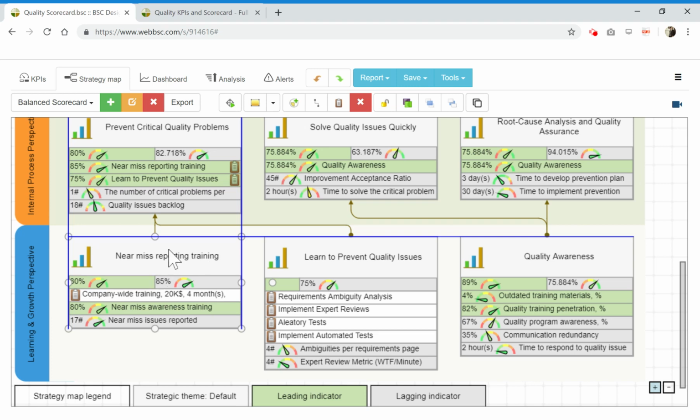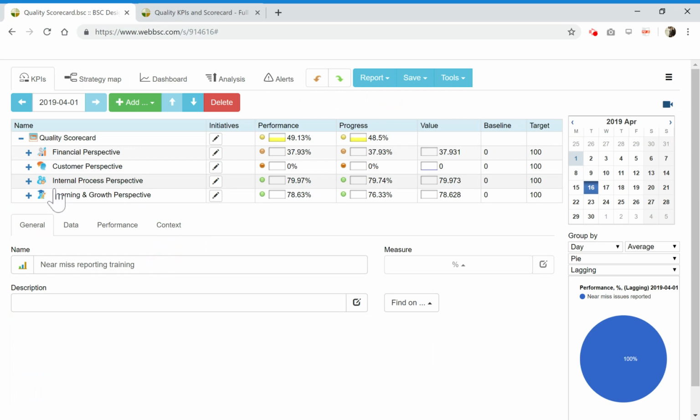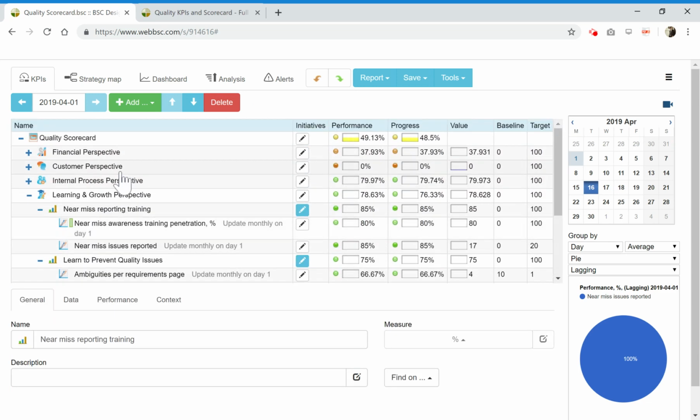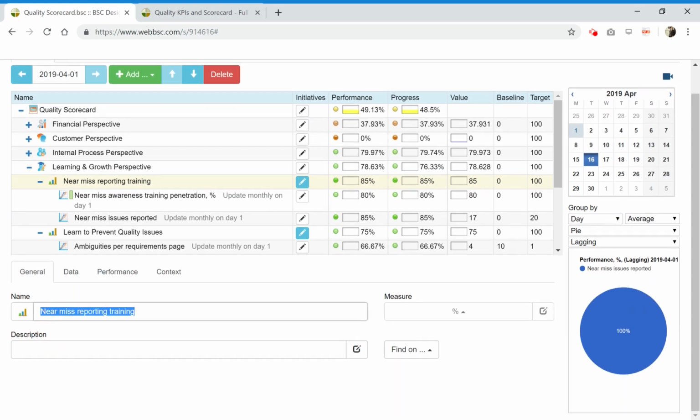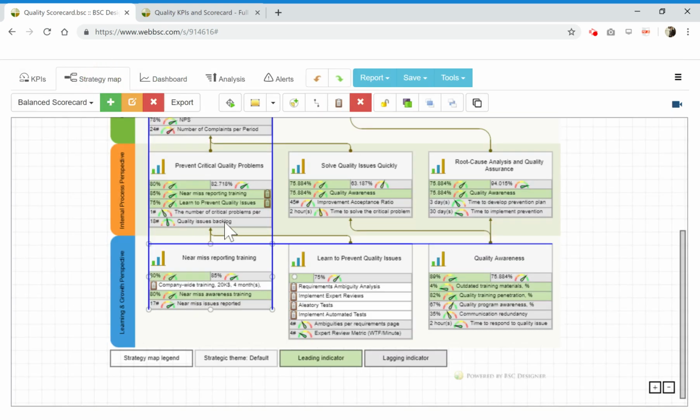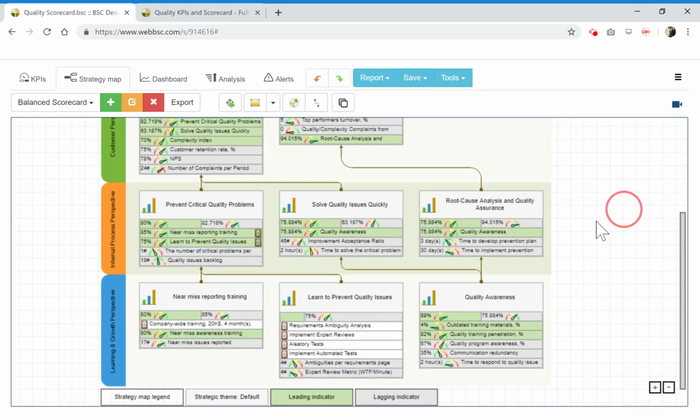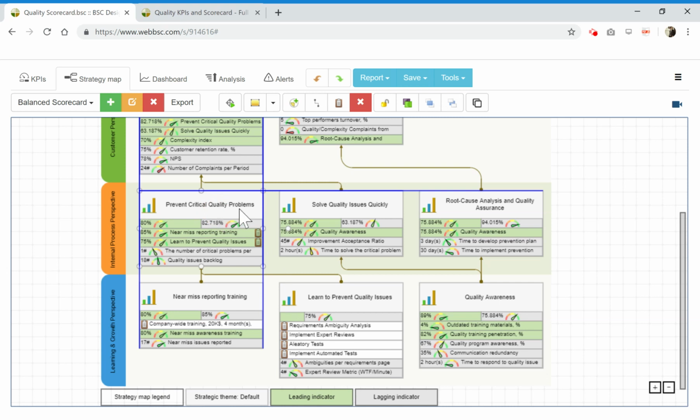Let me switch to this tab and show you one thing. When I click on the goal, I have its name here, and sometimes we need to explain what is called the strategic rationale behind this goal. We need to explain why this goal exists. What's the purpose of this goal? Why do we have it on the strategy map? Sometimes it's enough to look at the strategy map and say, okay, we have near-miss reporting because we want to prevent critical quality problems.